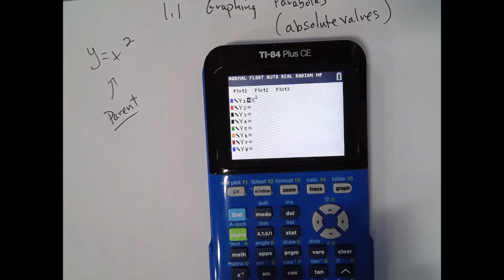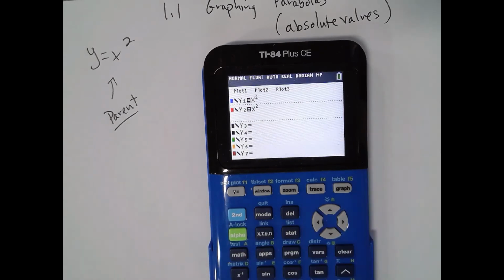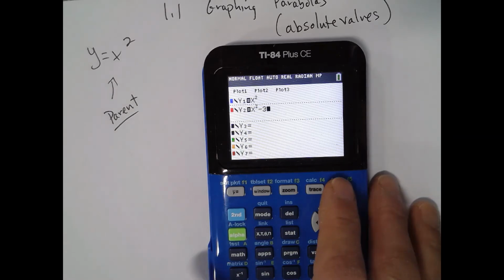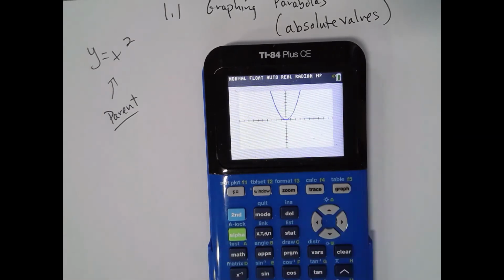I'm going to still do x squared, but let's go minus 3 and see what happens. Okay, so we have our parent graph. Now we have y equals x squared minus 3.